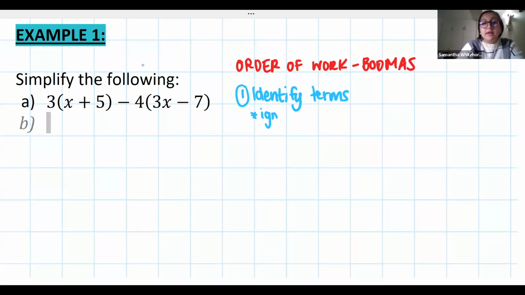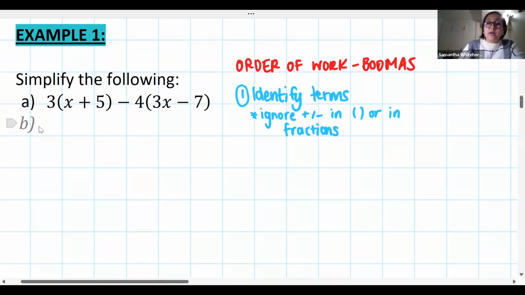No. We ignore any plus or minus sign inside brackets or in fractions. So if it's in a fraction or if it's a plus or minus sign inside a bracket, we ignore it. That is not separating terms for us. So if we look at this expression, this plus inside the bracket, I'm going to ignore. This minus 7, I'm going to ignore because it's inside a bracket.